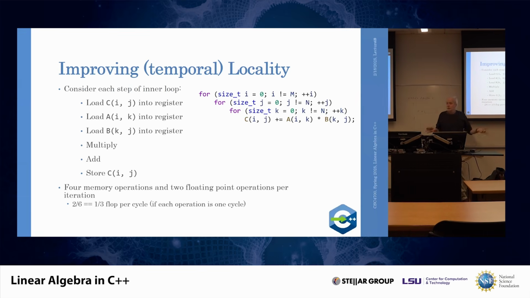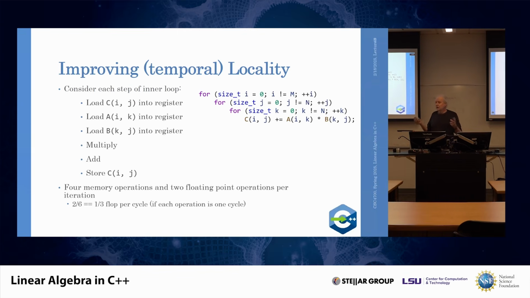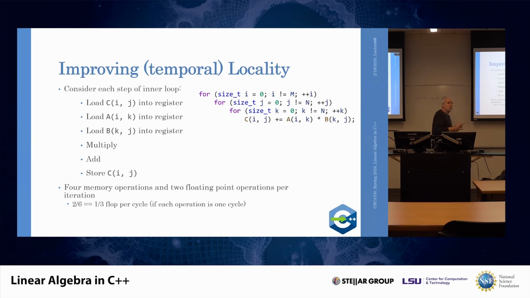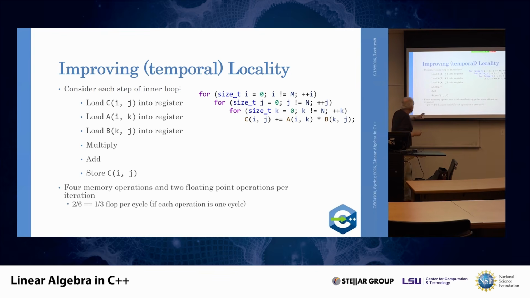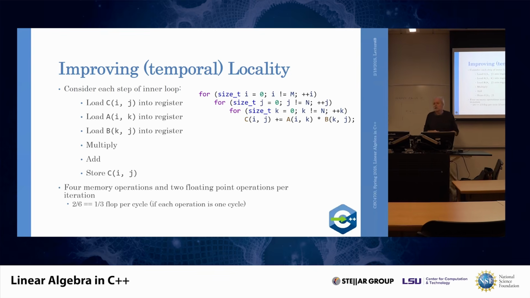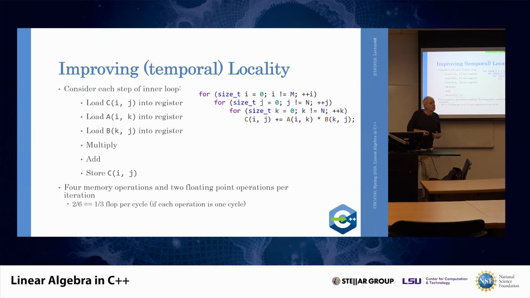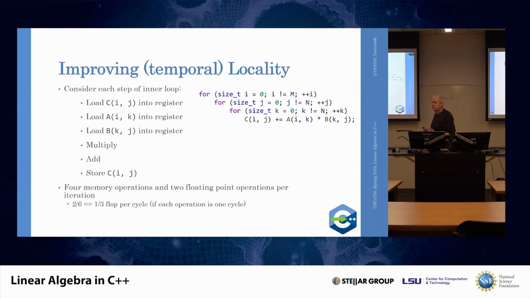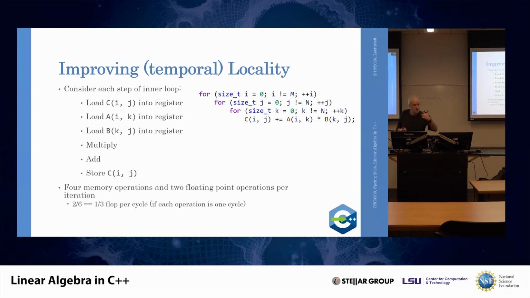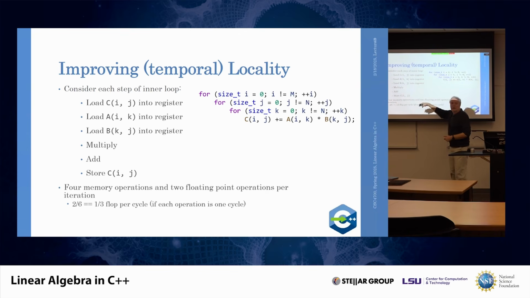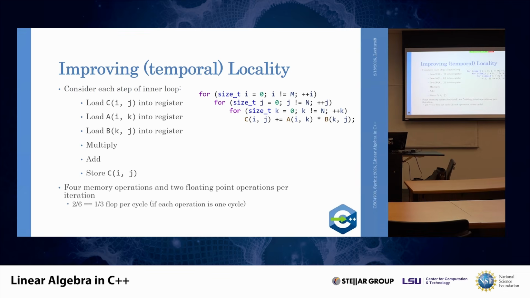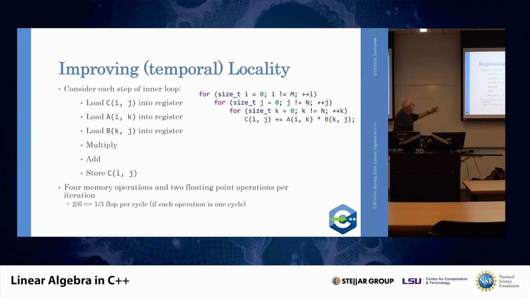In overall 6 operations, if we assume that all of these operations take the same amount of time. It's not true, but let's assume that for now. That means we have about 1/3 floating point operations per cycle: 6 operations, 2 of them are floating point operations. If you assume that these operations take 1 cycle, which is probably not true, but for now, let's do that. Okay?